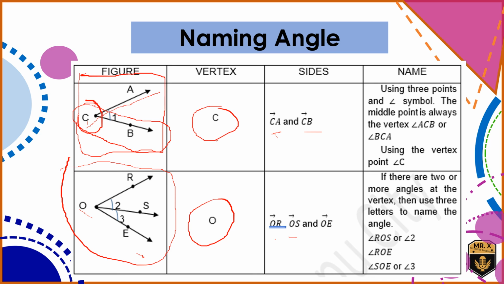So mao siya angle ROS or angle 2, or angle ROE, and kani siyang angle. Kani ROS or gikan dire SOE or angle 3. Si angle 3 angle SOE kay the same man na siya.